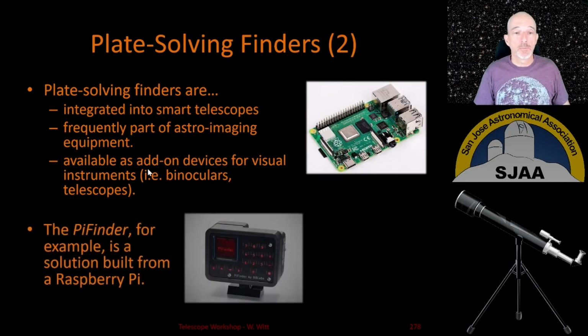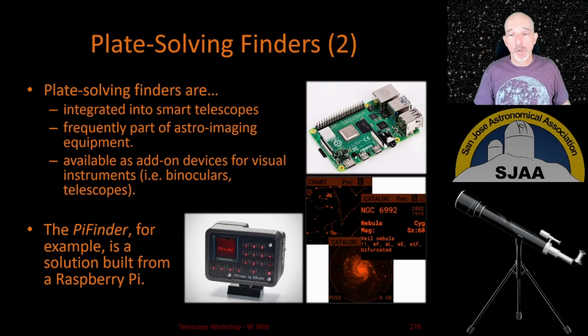Here's an example. This is a Raspberry Pi. Some of you may be familiar with this kind of credit card sized computer. You can buy them for hobby projects. In this case, somebody built this device out of a Raspberry Pi, which has a camera and database and fancy software inside that can figure out where you're looking and can tell you where the object that you want is located.